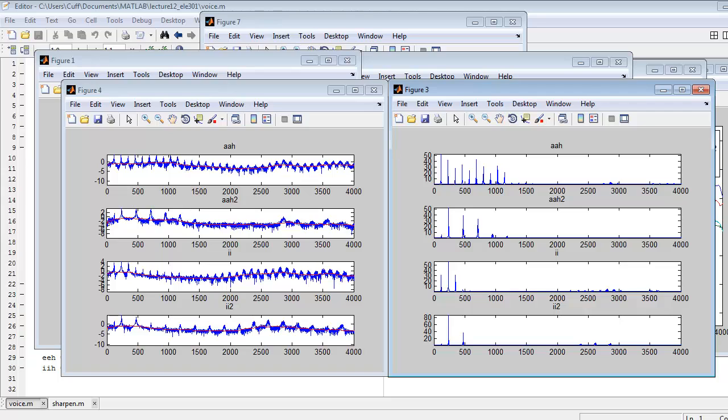This is a very common technique in speech processing, where you say, if I just try to smooth out this log plot, then I can somewhat claim that I'm separating the excitation part from the general shape, where the general shape, people say, is coming from the throat and the mouth, and the excitation is coming from your pitch. So this is a trick people use to try to remove the pitch of your voice from the actual throat and mouth frequency response of your voice.